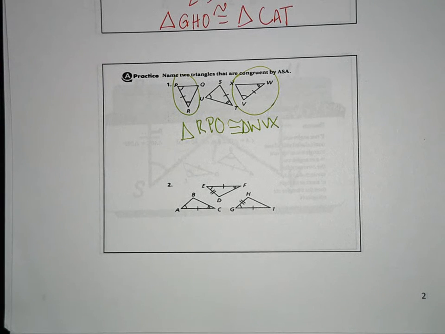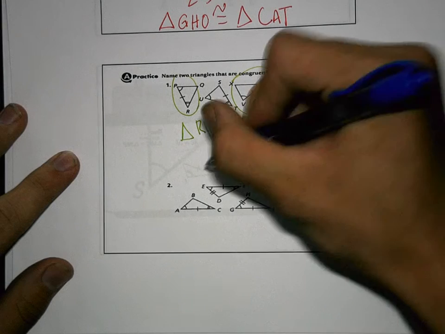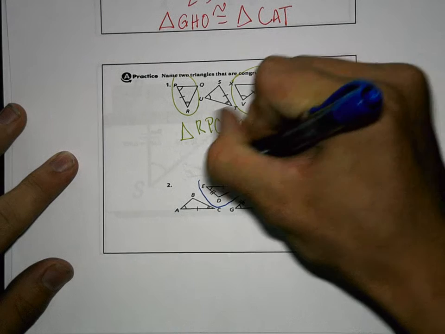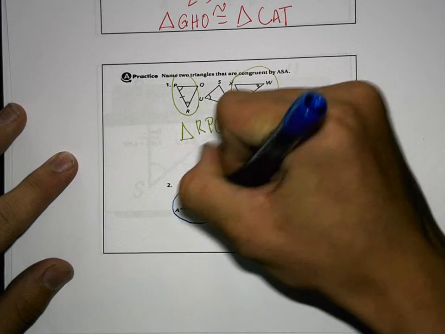Okay, number 2, come on up. You got this, Aaron. You do it. Okay. Yep, you're ready. Go ahead. So I picked the top triangle and this triangle.